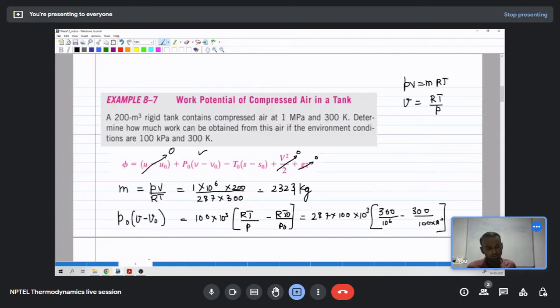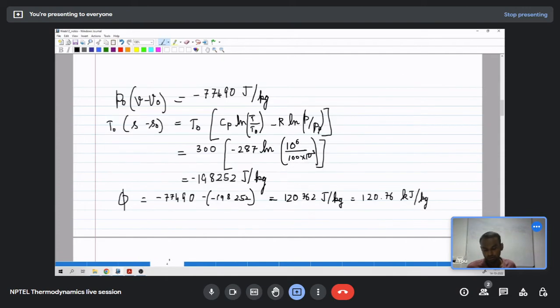For the total system, we had a mass of 2322. So we have total availability equal to mass into phi, which is 2322 into 120.76.